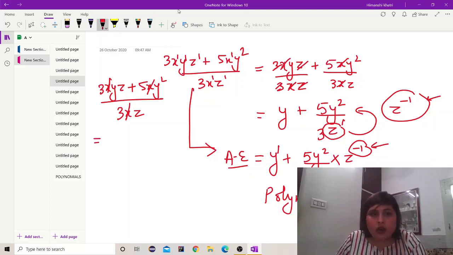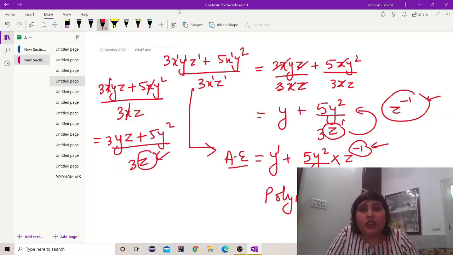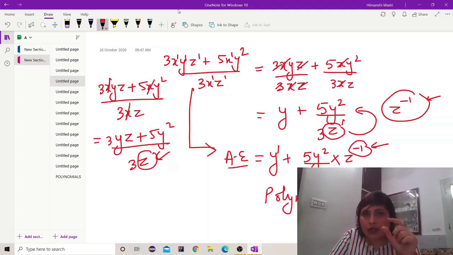Now what remains is (3yz + 5y^2) upon 3z. Still we have z without being cancelled in the denominator, hence this will create a problem in making it a polynomial. So z will have a negative power, hence we can declare from this step only that we have a variable with a negative power, hence this algebraic expression can't be called a polynomial.